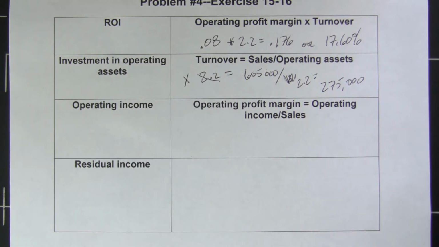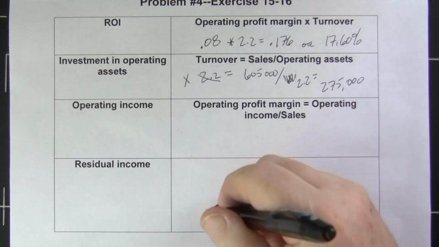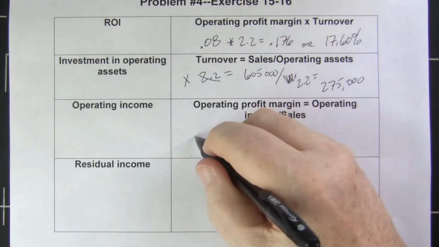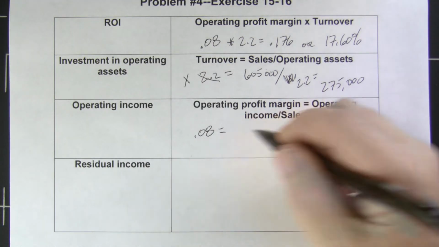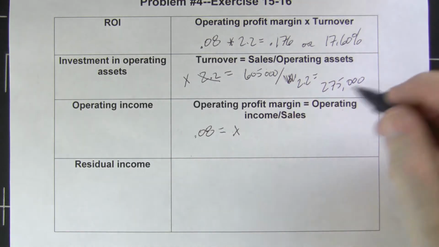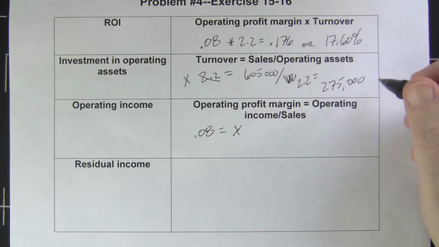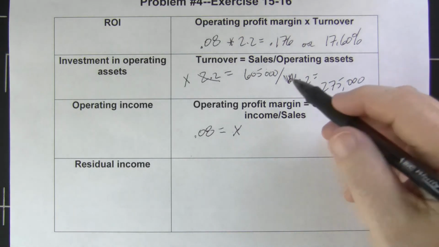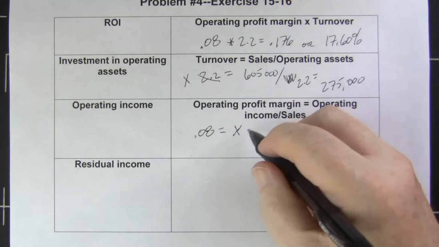And then it wants our operating income. So again, we're given our profit margin is 0.08. That equals our operating income, which is what we're looking for. So we'll call that X. We could call it Y, we could call it Z, we could call it anything we want. Divided by 605, which they do give us, which is our sales.